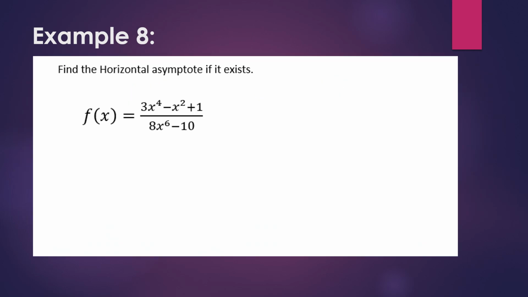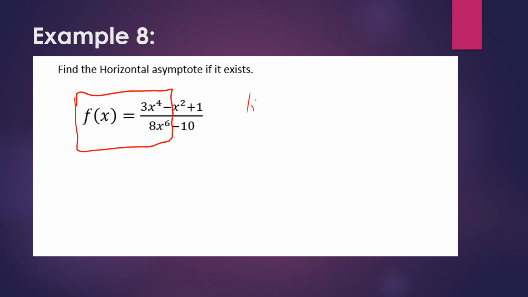Example 8 is very similar to example 7. They want us to find the horizontal asymptote, so that's saying the limit as x approaches positive or negative infinity. And here again, we need to identify the highest degrees in the numerator and denominator. Fortunately, they are the first terms.